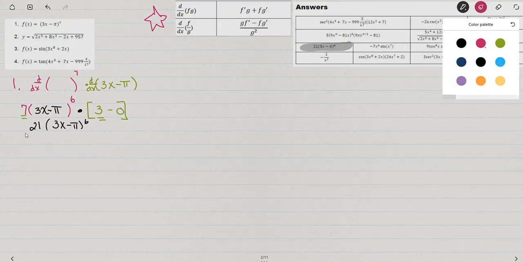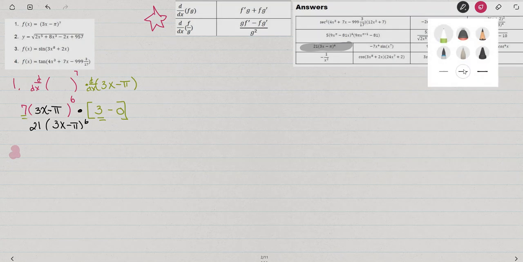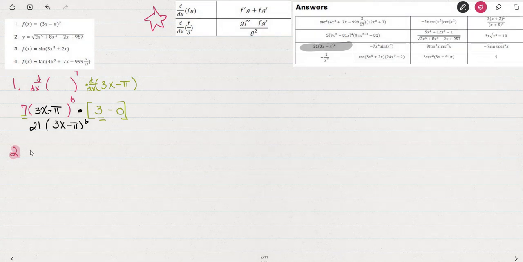In number 2, if I rewrite this radical as something to the 1/2, that's one way to do this.